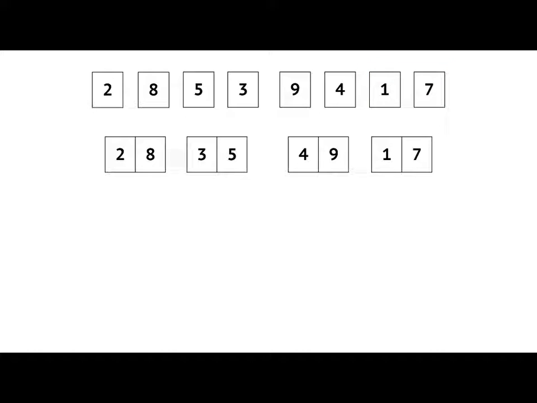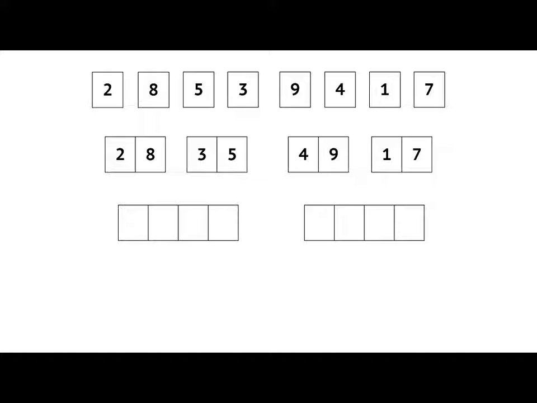The temporary arrays are sorted, but there's work left to do. Let's jump up the recursion stack and continue. We merge our smaller arrays into a larger one, inserting items in the correct order.